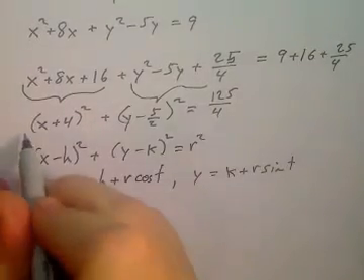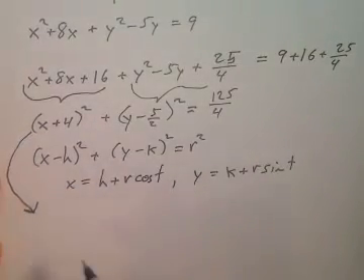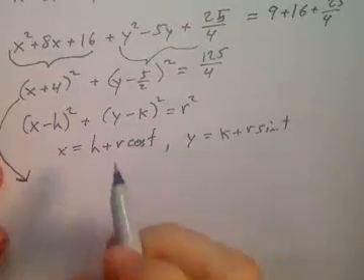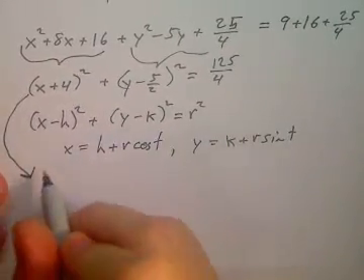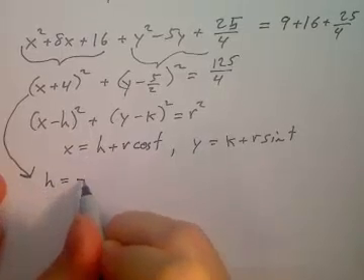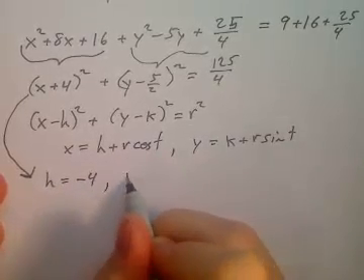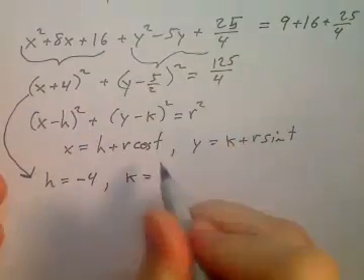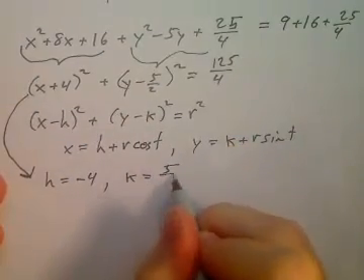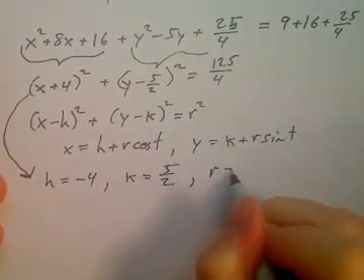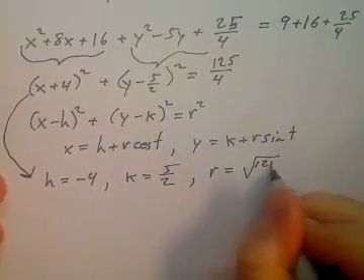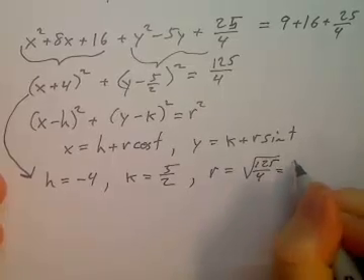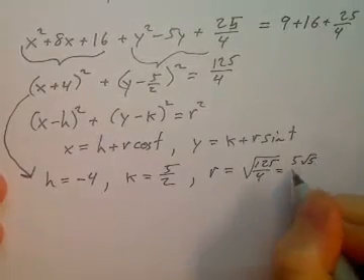And so we do that with this guy here. So I can write here that my h is negative 4. My k here is 5 halves. And my r here is the square root of 125 over 4, or 5 square root of 5 over 2.